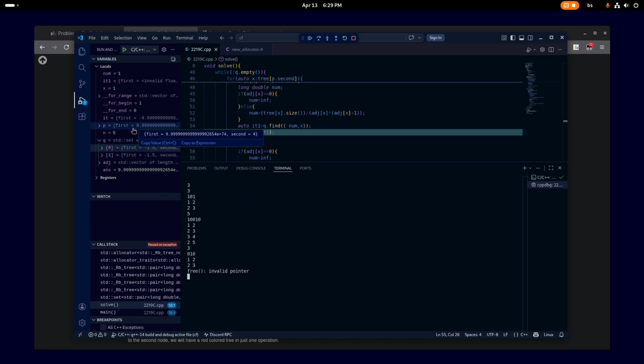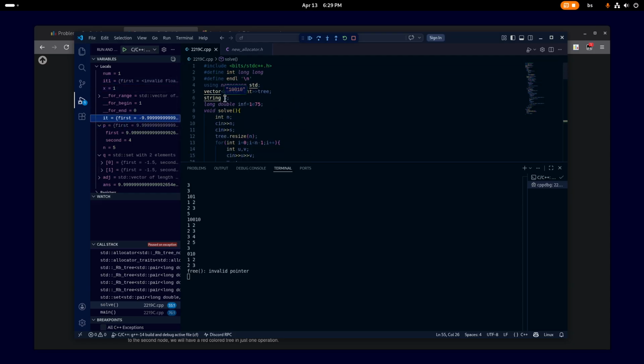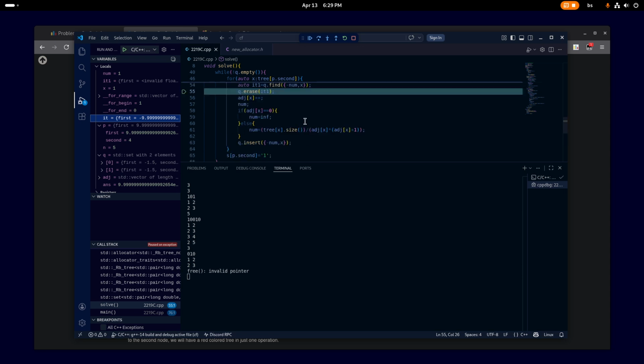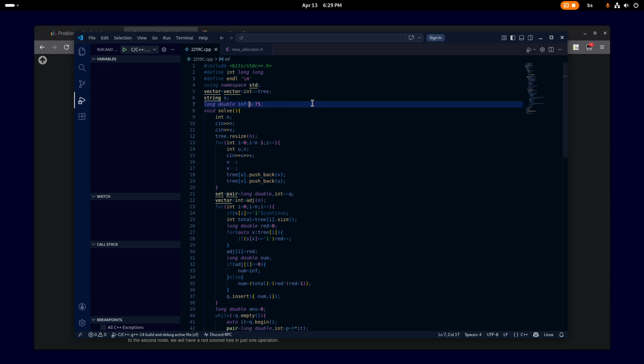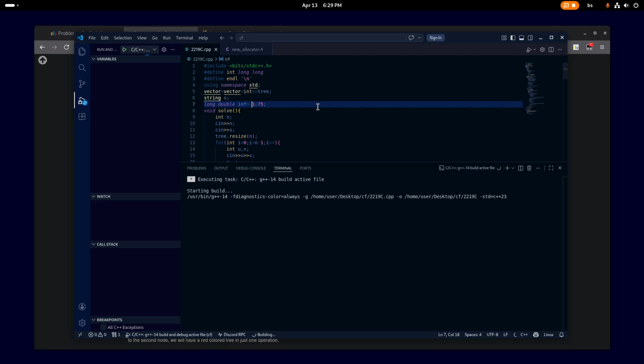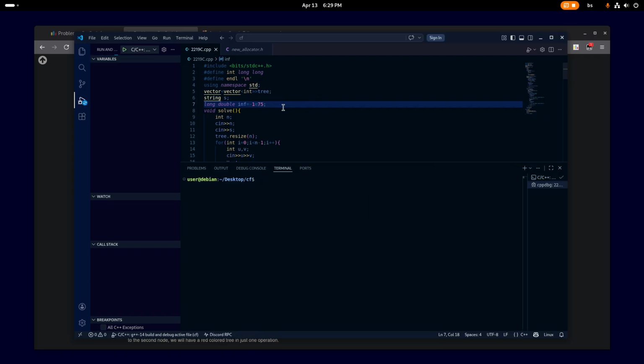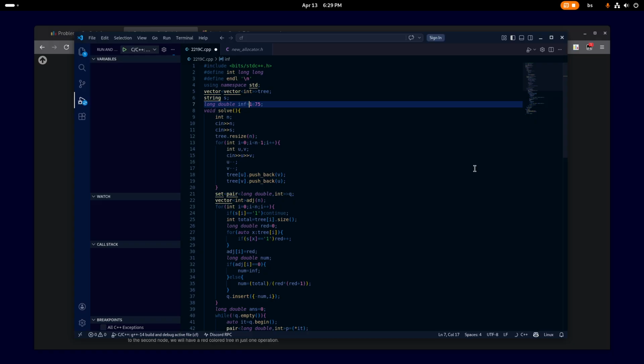Invalid pointer, yeah. I'm guessing that's what's going on. And this is showing a problem on the first iteration. Oh yeah, okay, I understand. Yeah, this is okay. Yeah, this should do the trick, maybe. Or no, rather, wait. Yeah, I forgot.